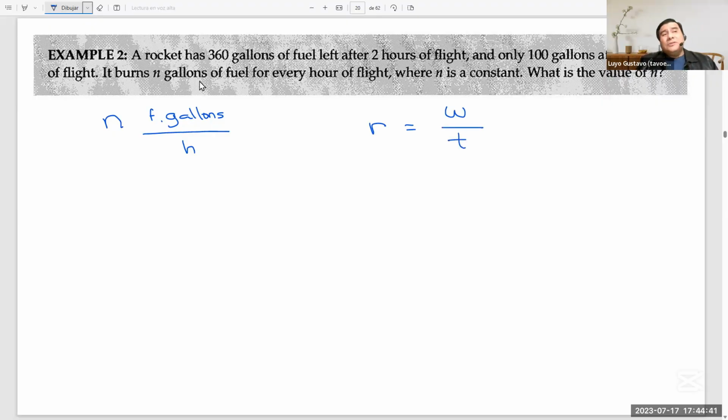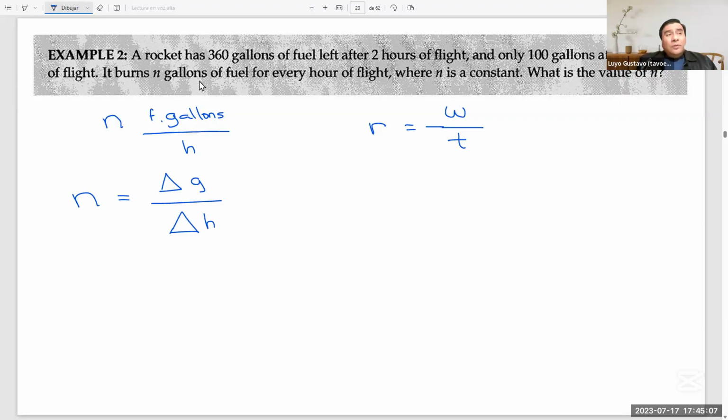In other words, you can say that in the problem that we are given, this rate n can be obtained by knowing a number of gallons consumed divided by the change or the time of flight for this rocket.